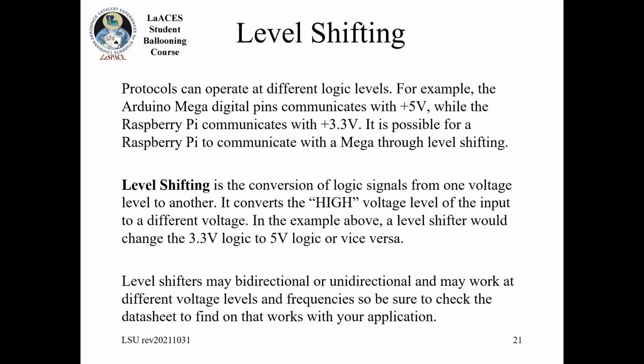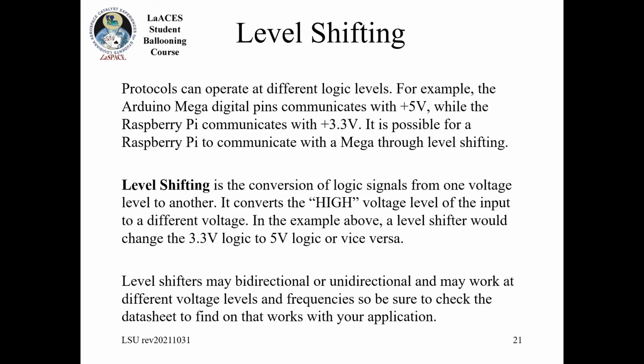So like we said, if you're talking to different devices, they may have different logic levels, and that means you may have to do level shifting. So the Arduino Mega, like we said, uses a 0 to 5 volt scale. If you've ever heard of or used a Raspberry Pi, that's going to use 3.3 volts, but that doesn't mean that we can't talk to each other. You just have to have a level shifter between those two.